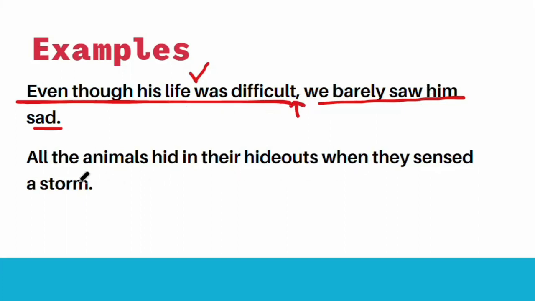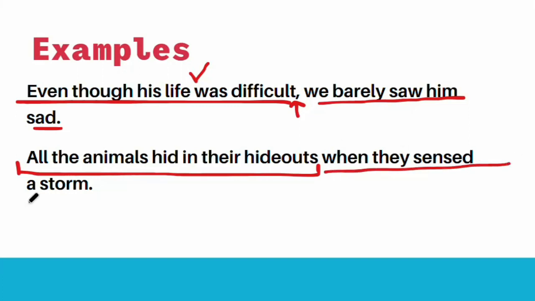Let's check the next sentence. All the animals hid in their hideouts. This is a complete thought, an independent clause. When they sensed a storm. This part is a dependent clause. It is beginning with a subordinating conjunction, when. But do you find any comma in between these two?